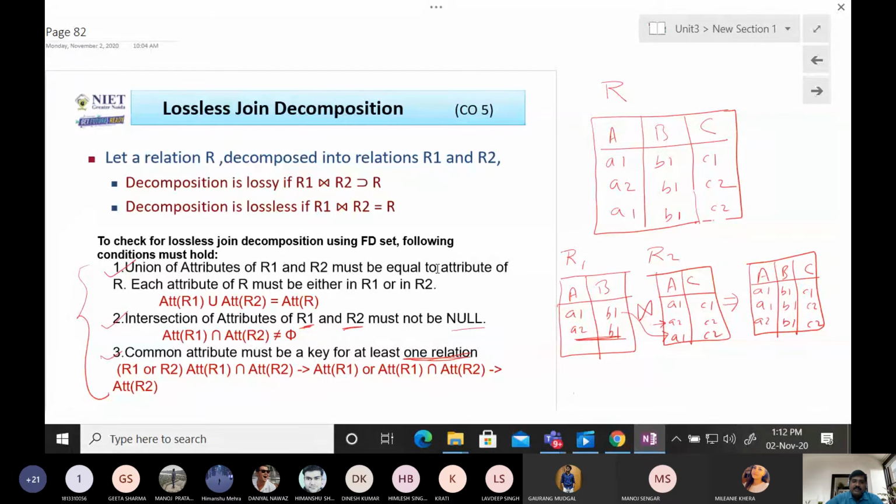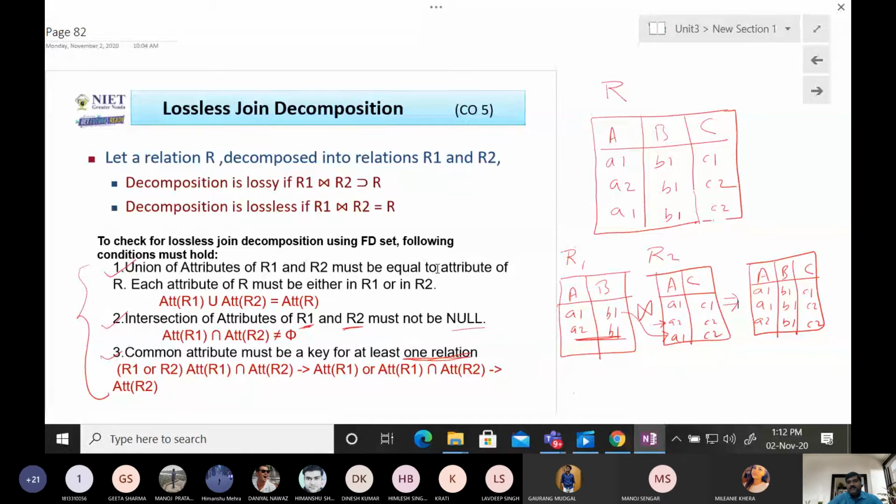The fourth condition is dependency preservation, but that condition is not mandatory. That condition is desirable. But if you preserve the dependencies in the sub-schemas, then your decomposition is well and good. But the fourth condition is not mandatory.